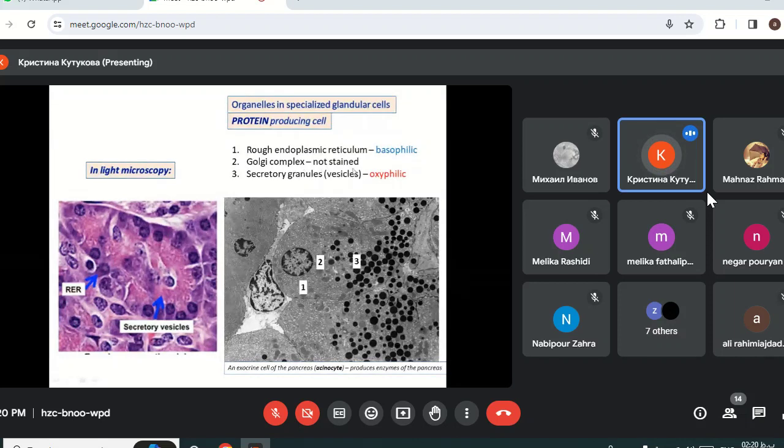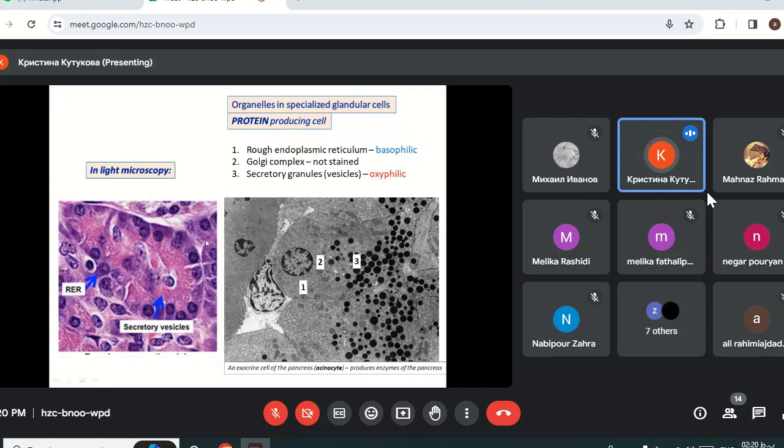Golgi complex is not stained with our dyes, and secretory granules are usually stained oxyphilic. It means that they will be stained with eosin, and they can be seen in this portion. So here you can see these secretory granules.